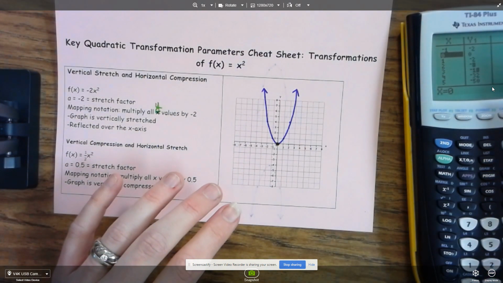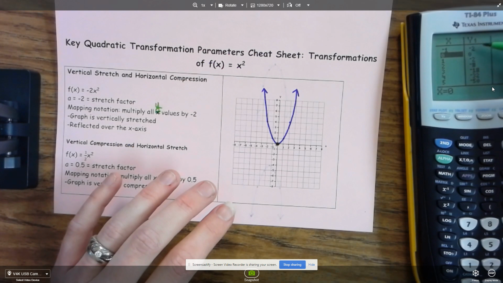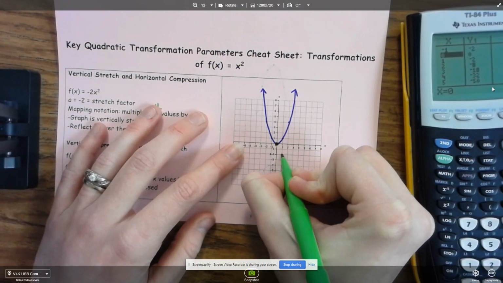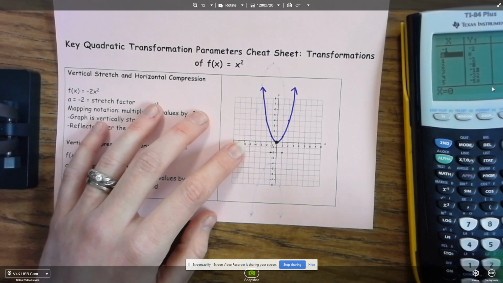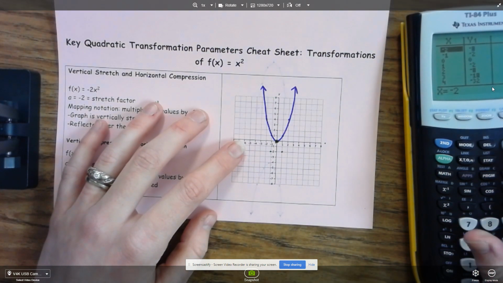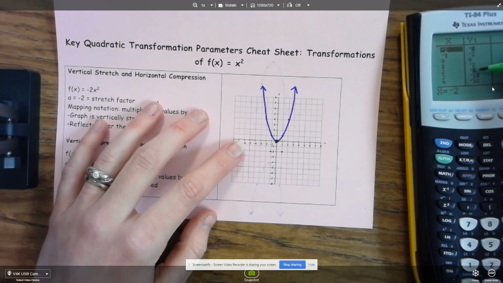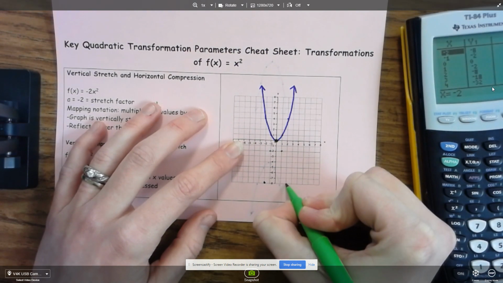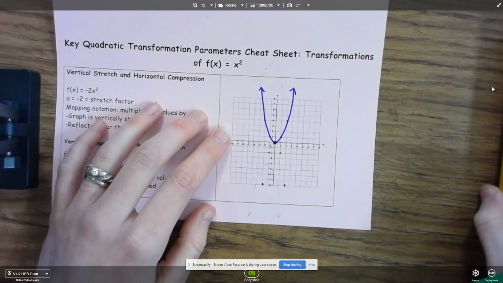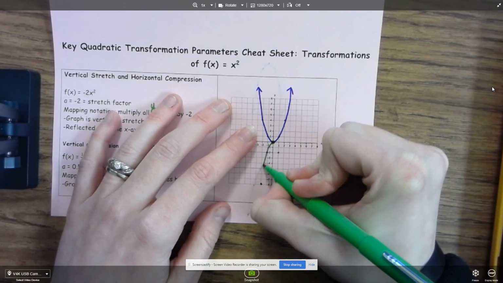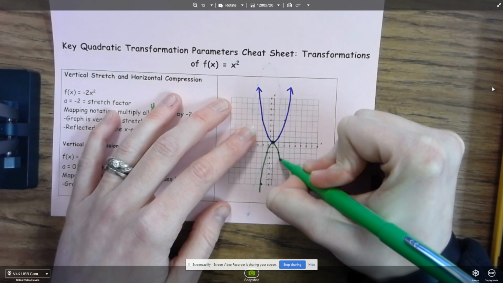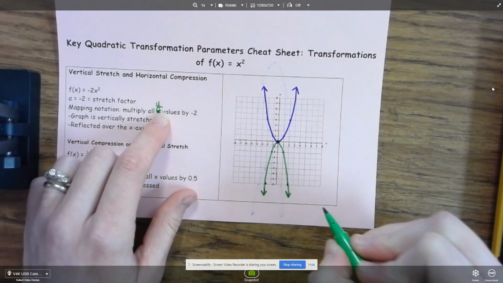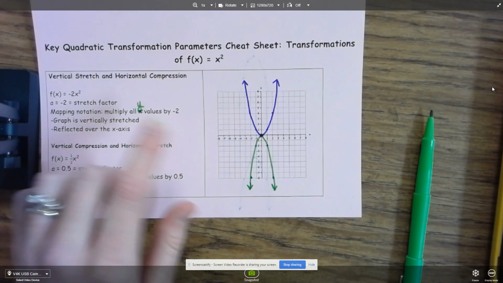Then you can see here that we've got 1 and -2, and -1 and -2. Those are 2 points. Then you can go one more: here I've got -2 and -8, and 2 and -8. Those are 2 more points that you can pull so that you can graph this parabola.